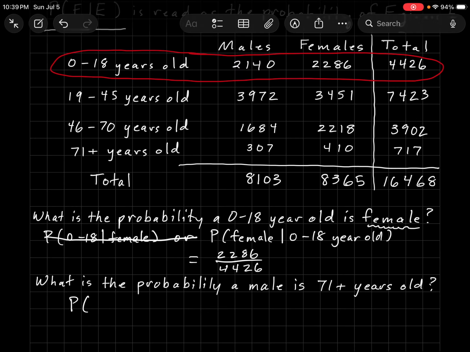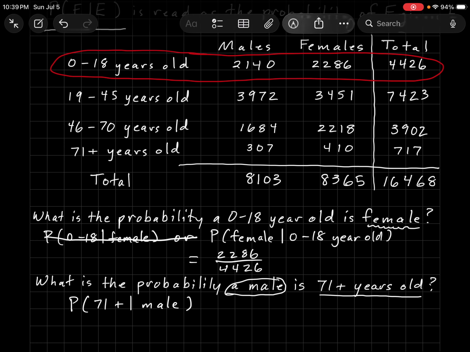Or am I trying to find 71 plus years old given that they're male? Well, hopefully you chose this one: 71 plus given that they're male, right? So what is the probability, given that I know a male, is this? This is the thing I'm trying to find.